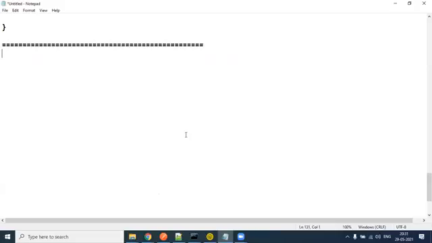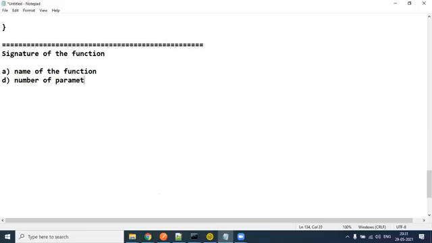Very nice. So if I have to say in a single word, I would say I need to know the signature of the function. That's all. And what is the signature of the function? The signature of the function consists of the return type, the name of the function, the number of parameters, and the data types of parameters.